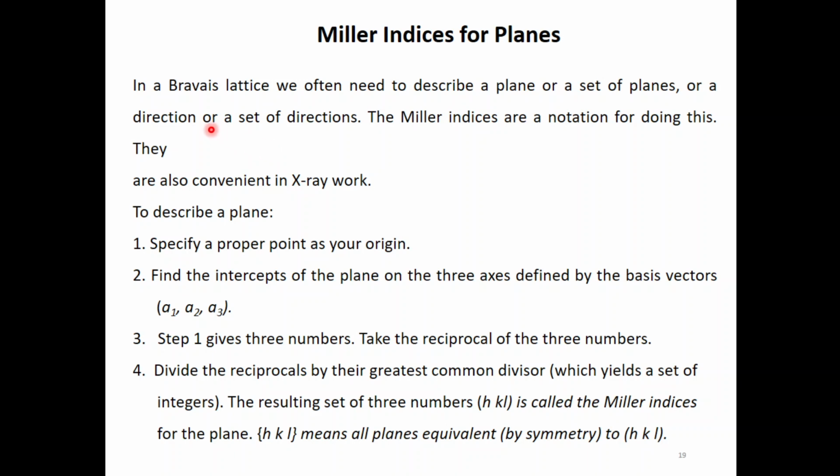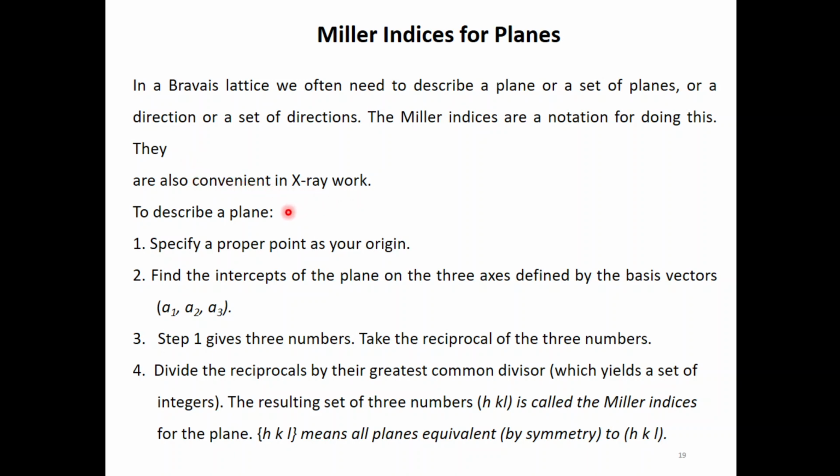Let me just read this text for you. In a Bravais lattice, we often need to describe a plane or a set of planes or a set of directions, or even some individual directions. The Miller indices are a notation for doing this. They are also convenient in X-ray work.